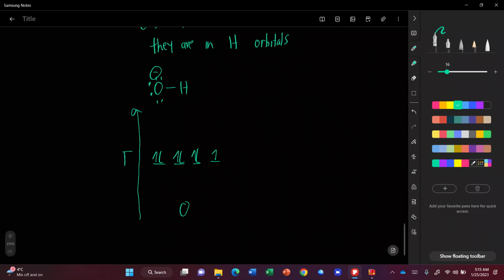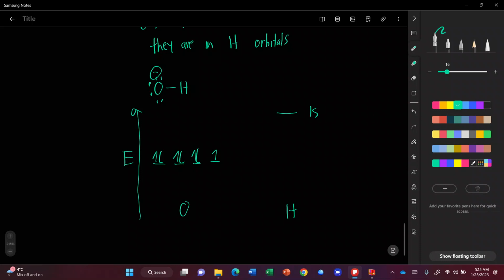But oxygen is more electronegative. And if oxygen is more electronegative, it means that the electrons want to be in oxygen more so than they want to be in hydrogen. What that means is that they're more stable, they're lower in energy. So the hydrogen 1s orbital is actually somewhere like up here, okay?